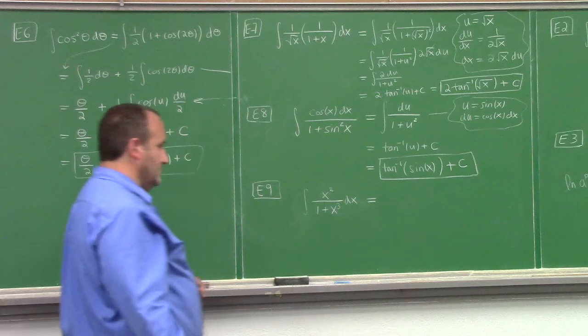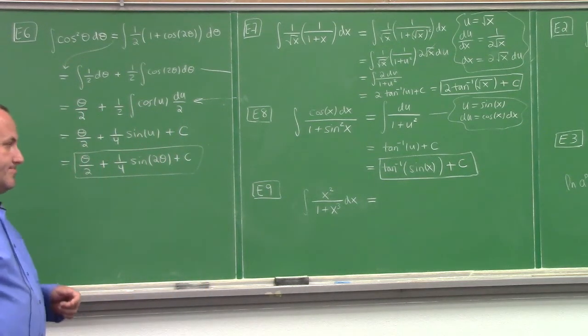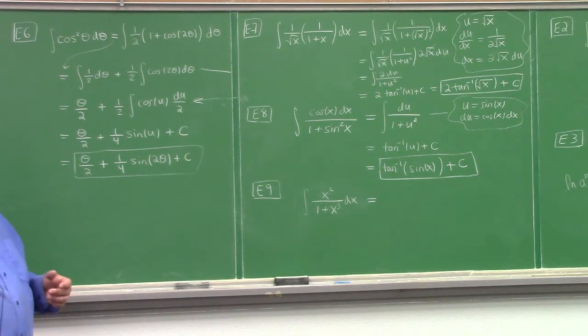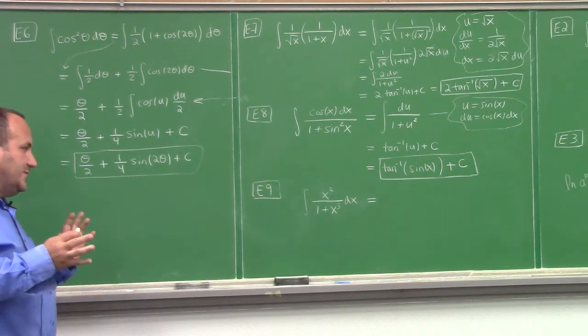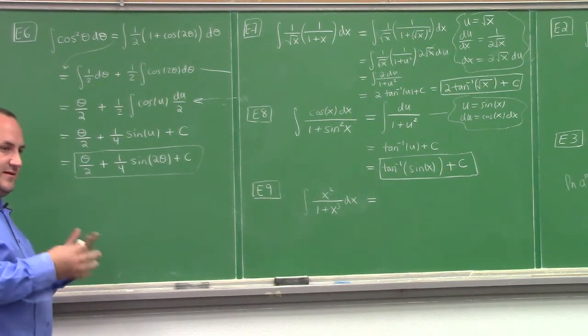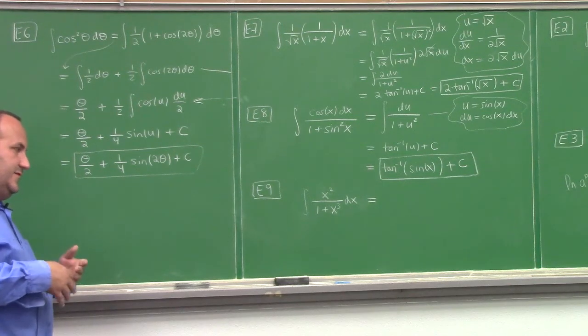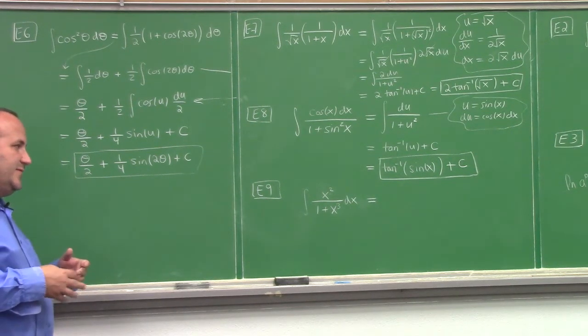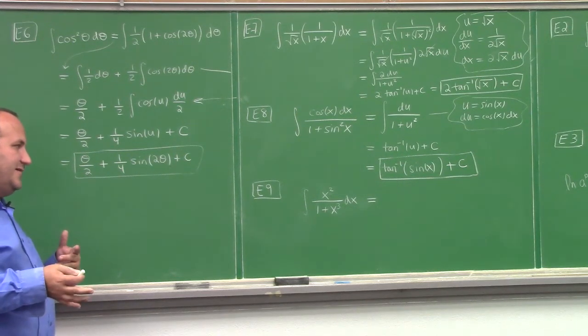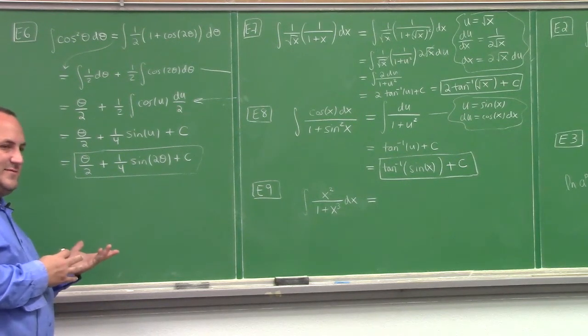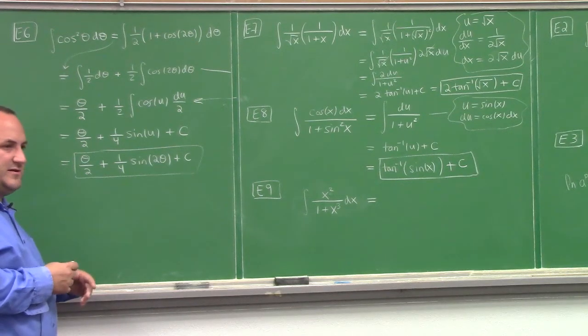So this is not an arctangent one because there's no nice way to make the denominator become like 1 plus something squared. I mean, it would have to be 1 plus the 3/2 power squared, but then the 3/2 power is not anything related to the x squared up top, so it's not going to work.